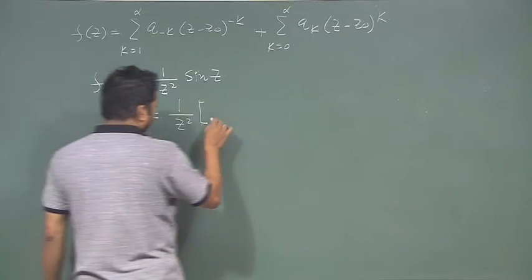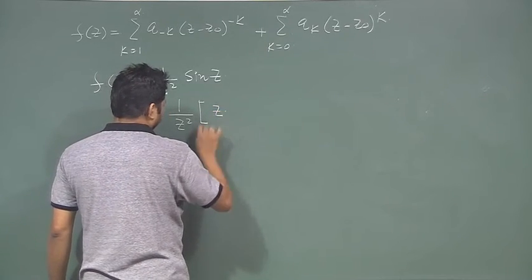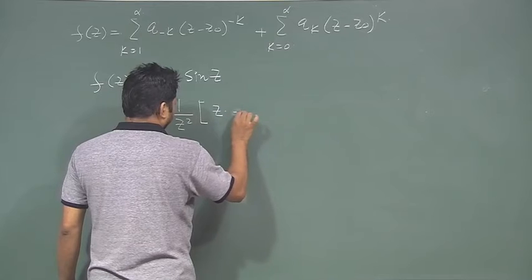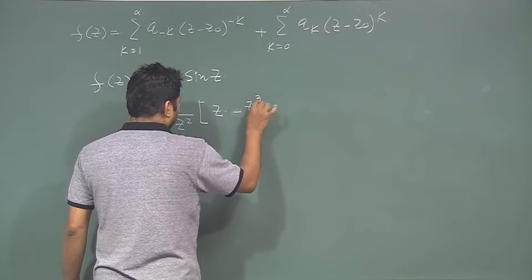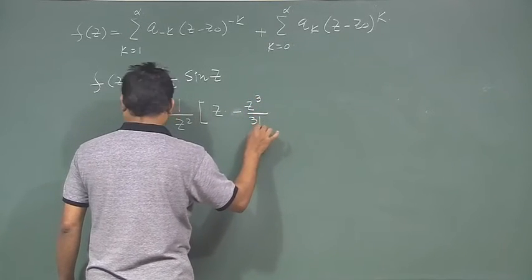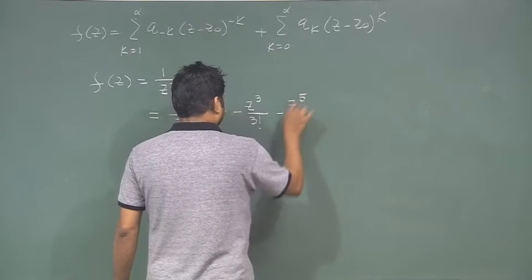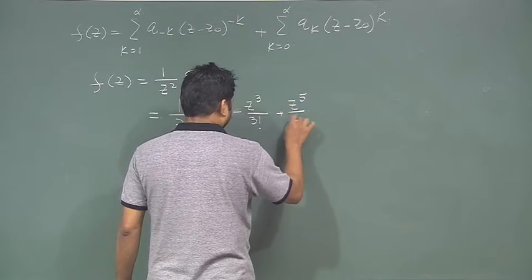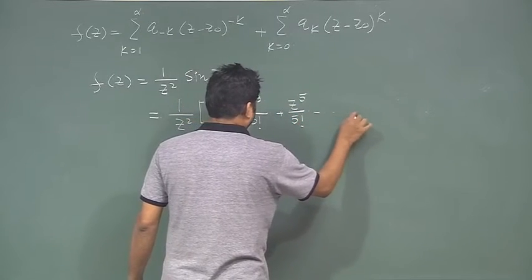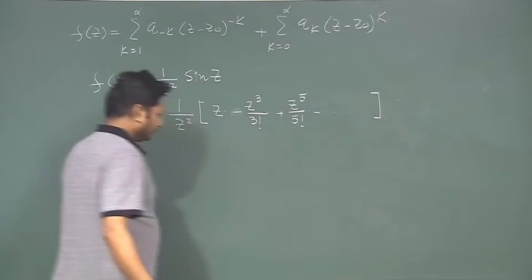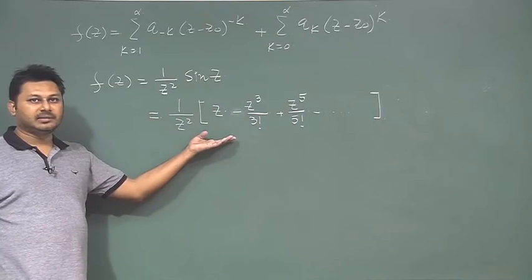If I want to expand this, the first term will be z, the second term will be minus z cubed divided by factorial 3, and then z to the power 5 divided by factorial 5 and so on. The series is something like this.